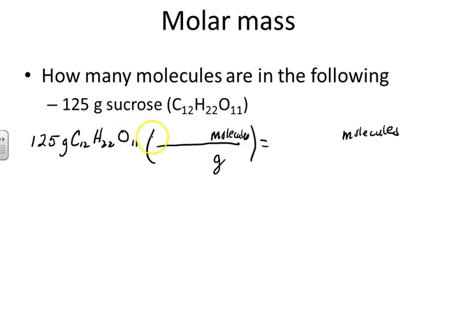Number of molecules is always going to be the same. That is Avogadro's number of molecules. To get that, we have to add up the mass of C12H22O11. So that means we've got 12 moles of carbon, 22 moles of hydrogen, and 11 moles of oxygen.